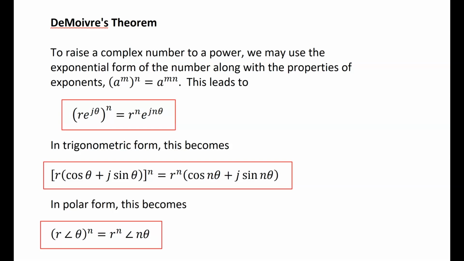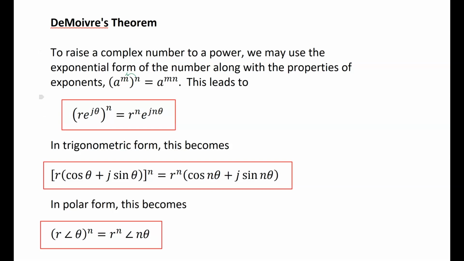And remember that if you have a base a to the m, and you raise that whole value to the power of n, then you multiply the exponents, right? We multiply in here, that becomes a to the m times n.